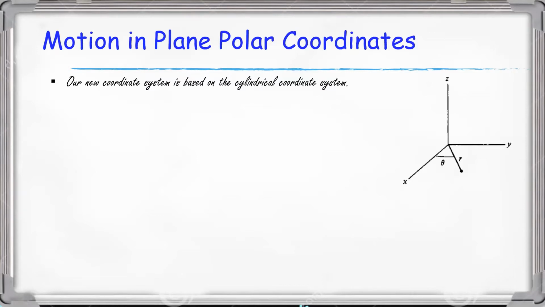Here in the figure, the x, y and z axes are shown, and additionally two quantities r and theta are also shown.